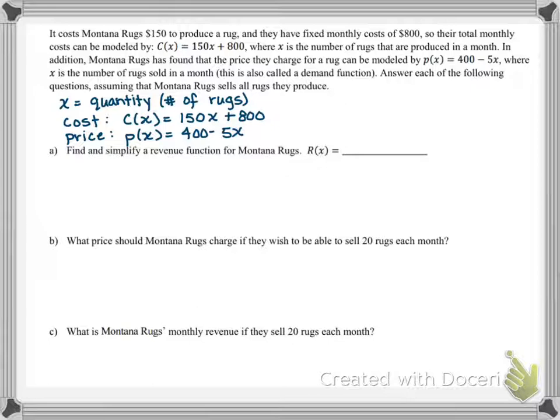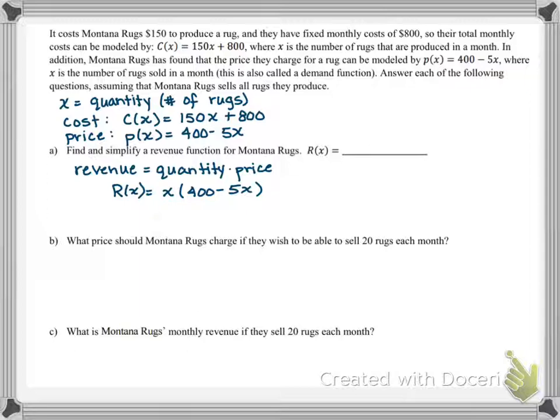Remember, revenue is just price times quantity. I always say price times quantity, but I feel like it makes more sense to think of it as quantity times price, because that's usually how we write it. So R of X equals, our quantity is always X, and then our price from our price function is 400 minus 5X.